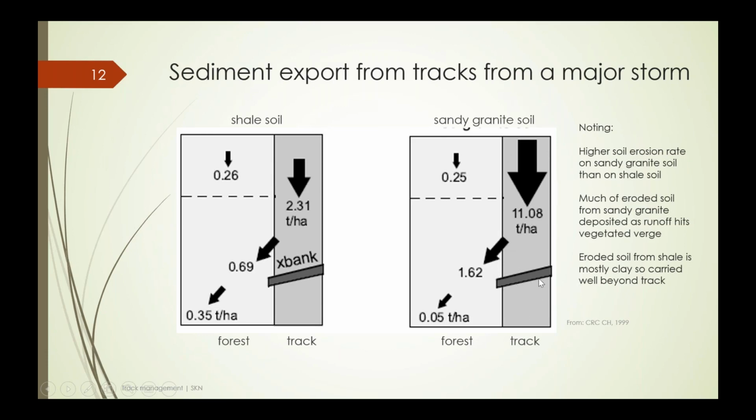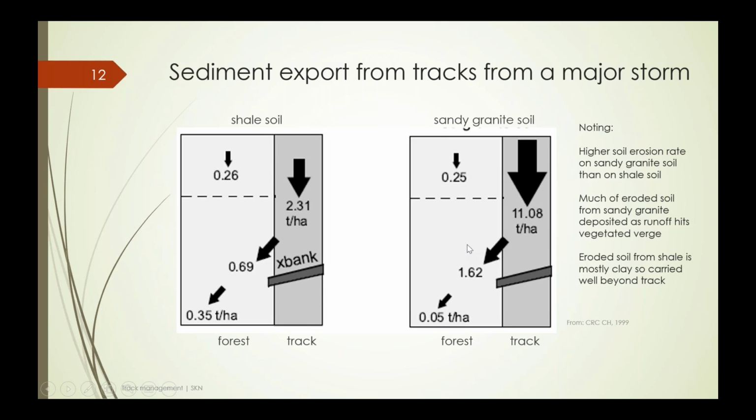We've got a cross bank, and we've measured the amount of sediment that's being eroded off the snig track. And then we've looked at how it's been dispersed and attenuated, if you like, reduced as it runs across the vegetated verge. This is a harvest area, so there has been some log removal and some vegetation disturbance, but fairly minimal on the lighter grey area.